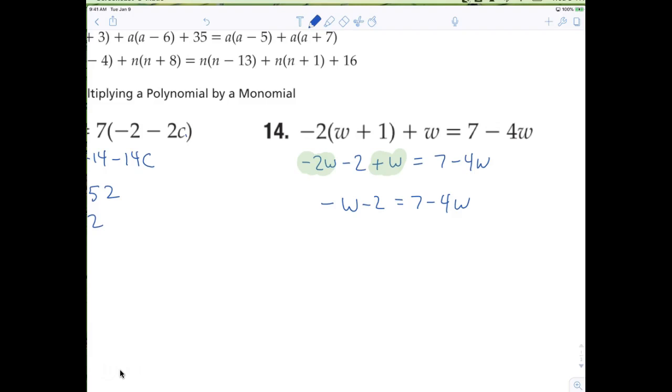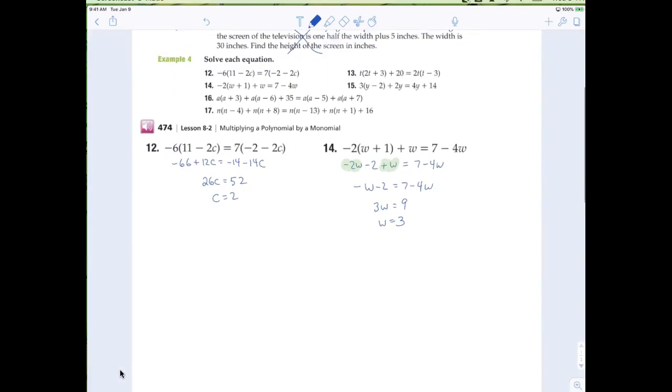So that would be? It would be equals. And so? w equals 3. Perfect, perfect, perfect. All right, that's good. All right, now let's check out 16. Let's write that down. Everybody write that on your paper.